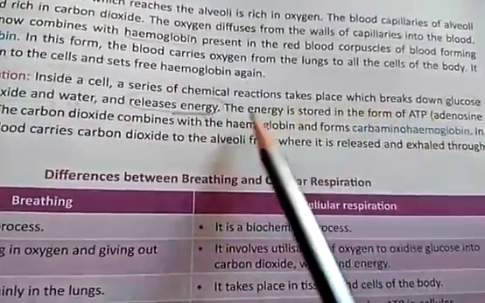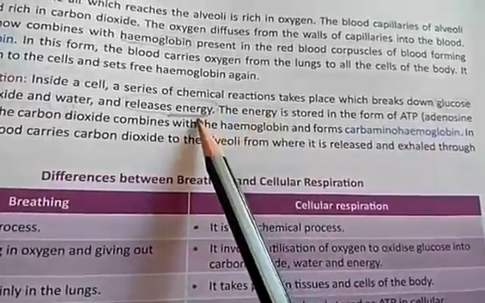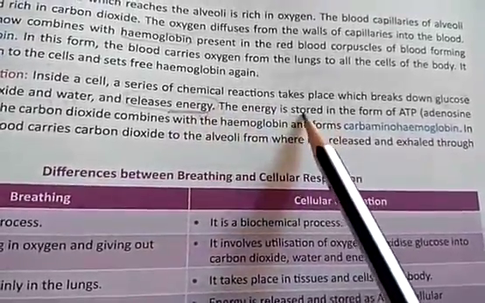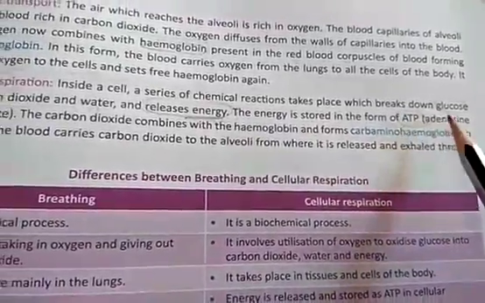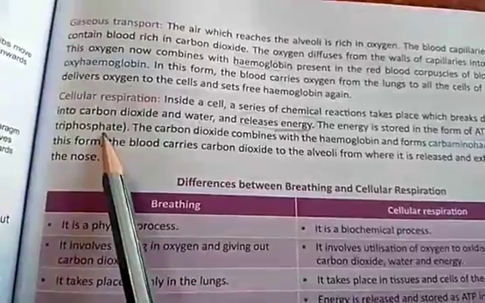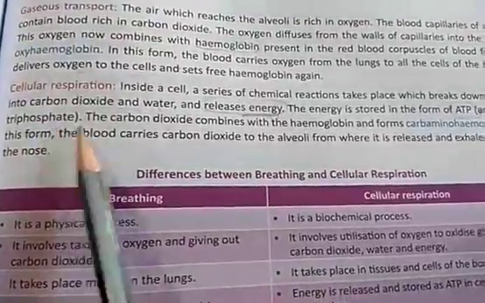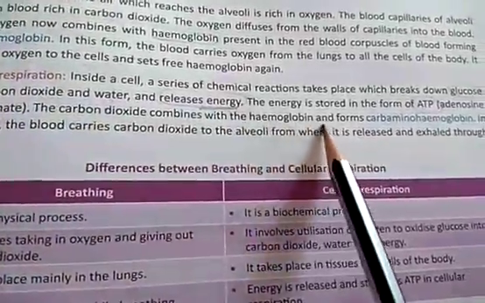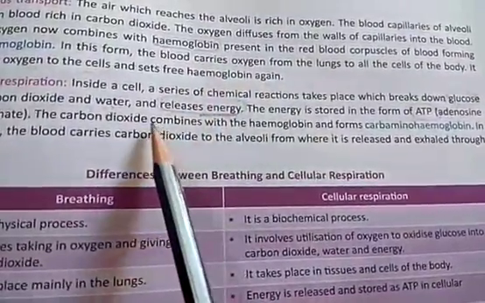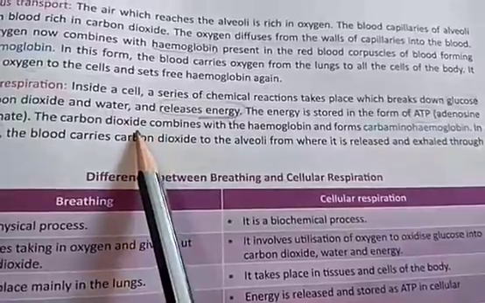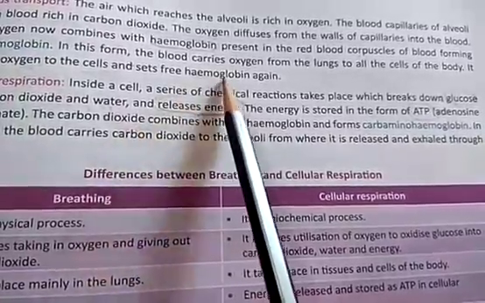Now we are saying energy, but energy can have so many forms. But in our body, it is stored in a type of chemical compound called ATP, and the full form is adenosine triphosphate. The carbon dioxide combines with the hemoglobin. Whatever hemoglobin was set free here, now carbon dioxide from inside the cell will combine with the hemoglobin.